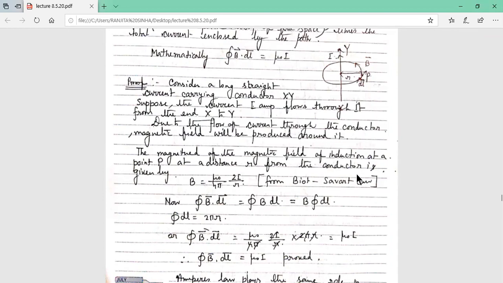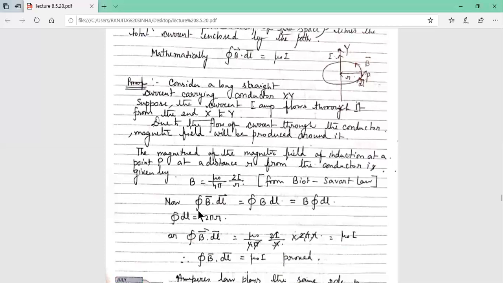The magnitude of the magnetic field induction at a point at a distance r from the conductor is given by the Biot-Savart law. We can prove this, but all these are not included in your syllabus, so I am discussing it very briefly: B equal to mu0 by 4 pi into 2I by r.